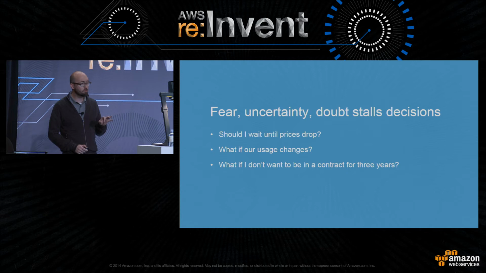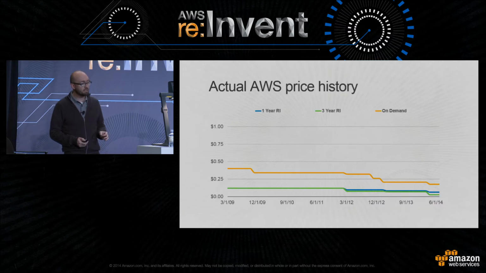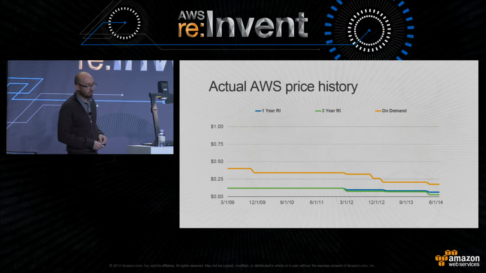The general feeling in the market, I think, is that prices for compute or cloud in general are dropping rapidly and there's a race to the bottom. And while that's certainly true that Amazon and other vendors are dropping price, the reality is that those price drops have been very rational over time. So we went all the way back to 2009 and pulled pricing for an M1 large.